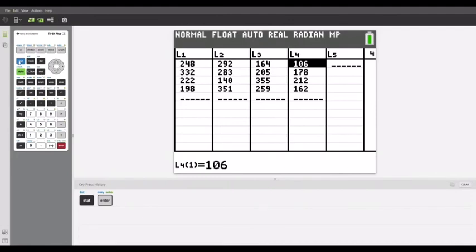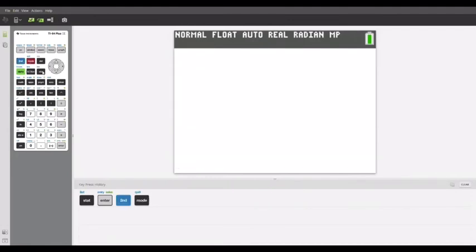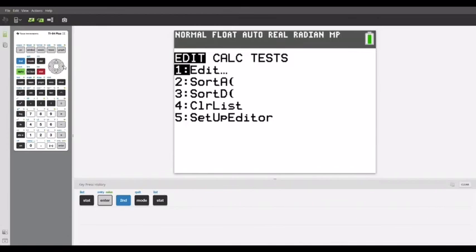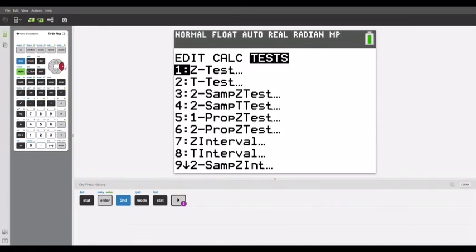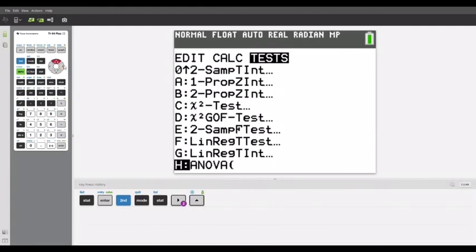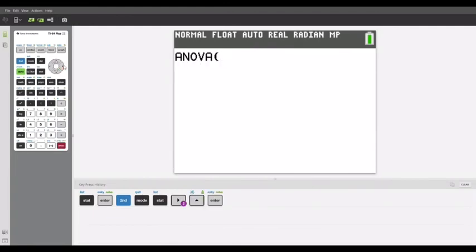Once you have your data in there, we're going to go back into Stat, over to Test, and we are going to use the Anova test.